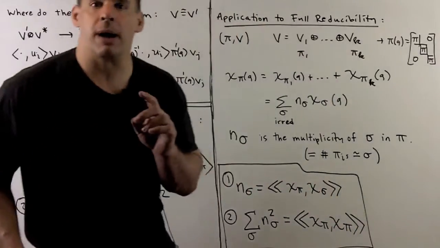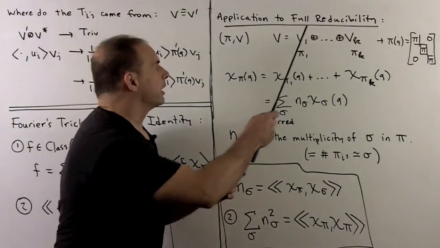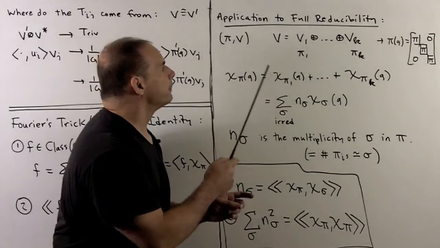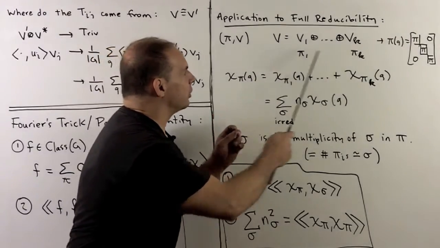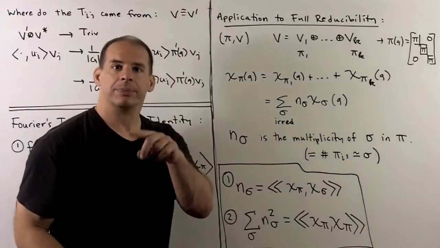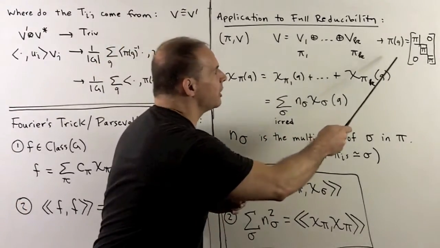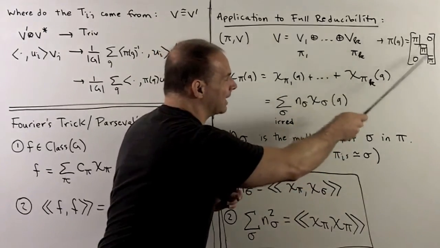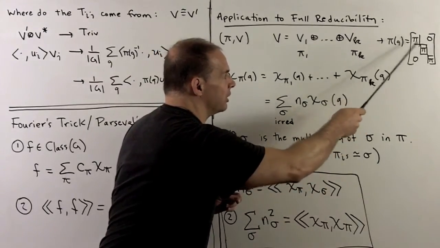So if we return to the problem of full reducibility, I'll have some representation pi on V. We decompose V into irreducibles. Now note, that means I could choose a basis such that pi(g) is represented by a block diagonal matrix, and each of these blocks is irreducible.